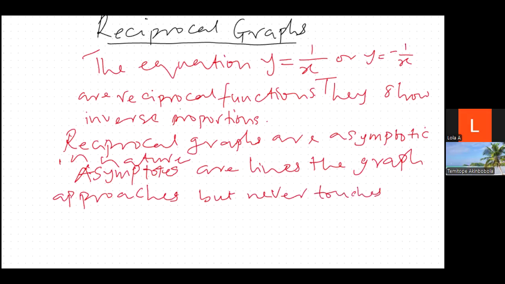Is that clear? Asymptotes are lines that the graph approaches but never touches.